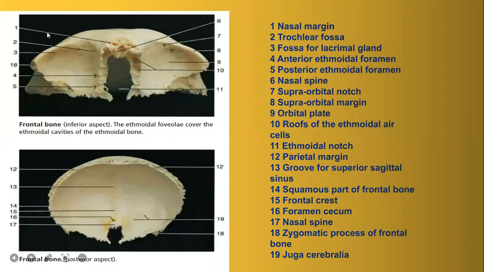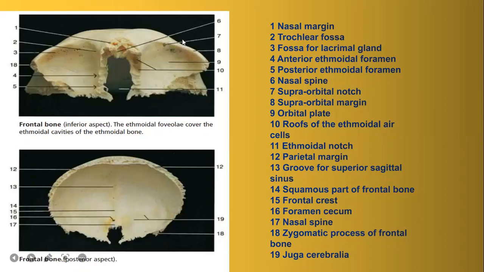Starting from the point labeled 1, we have the nostril margin, 2 is the trochlear fossa, 3 is the fossa for the lacrimal gland, then we have 4, which is the anterior ethmoidal foramen. The part labeled 5 is the posterior ethmoidal foramen. Then we have 6, this part, that's the dorsal spine.